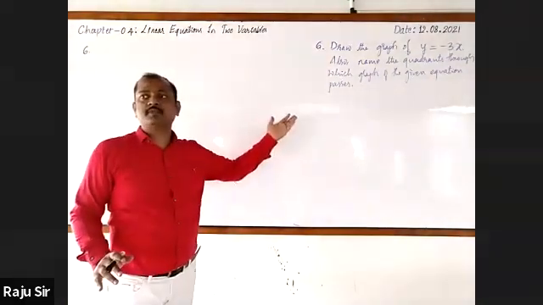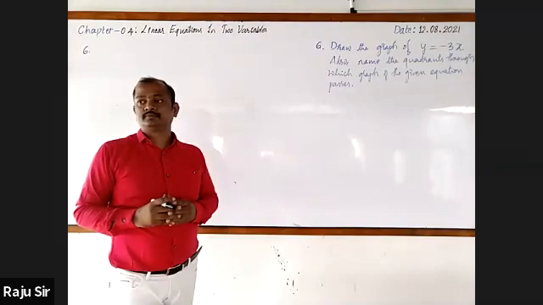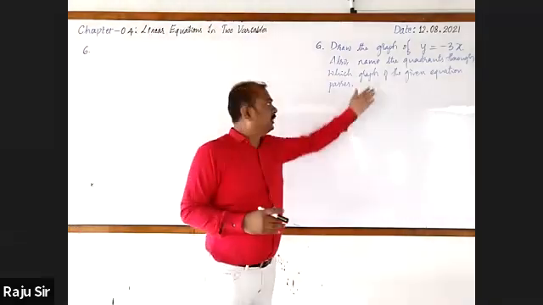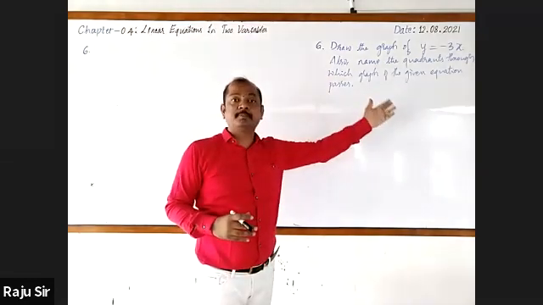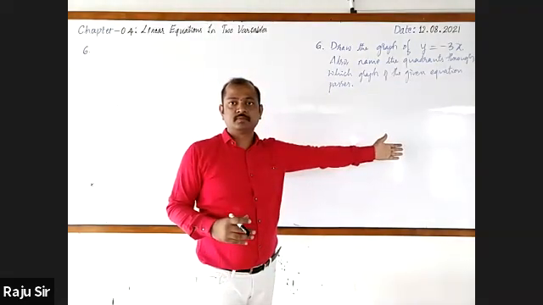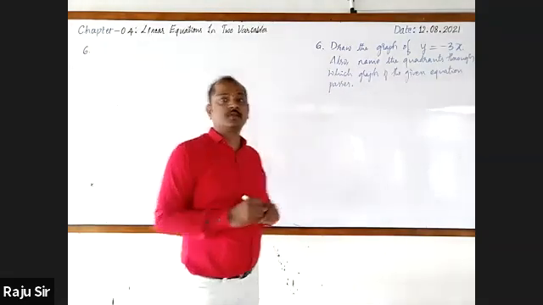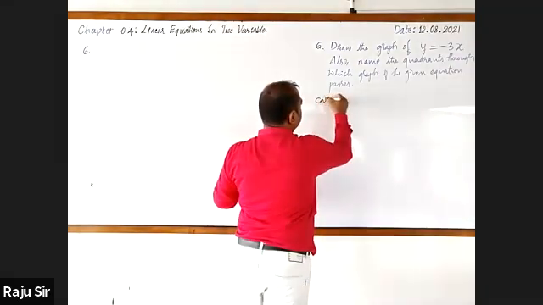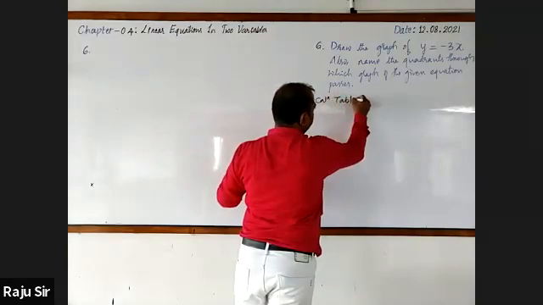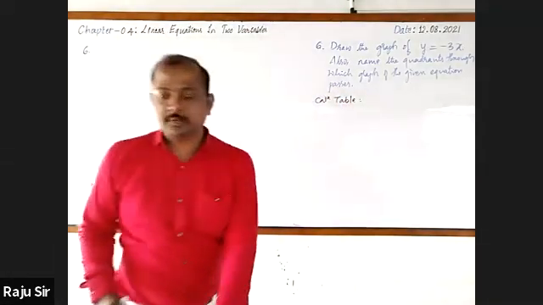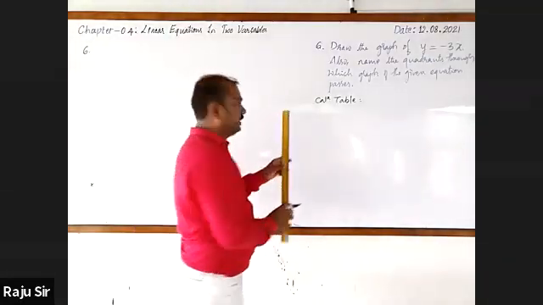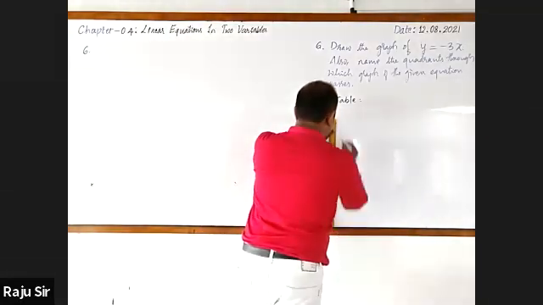Tell them, what is the first step? Drawing the graph. We have to find the table of coordinate points. Yes, let's go for the calculation table. In that table, how many columns should be there? Three columns.